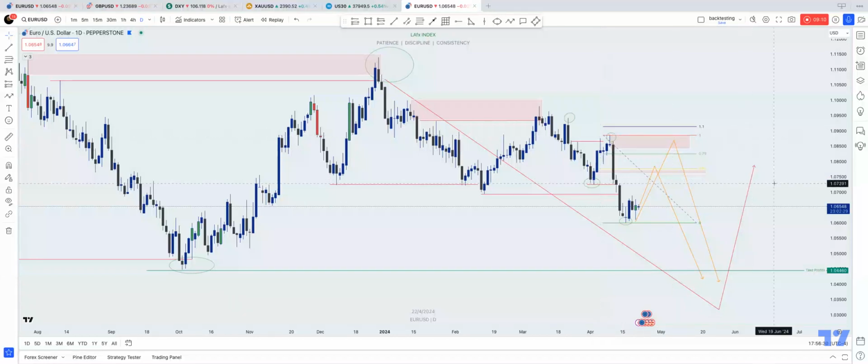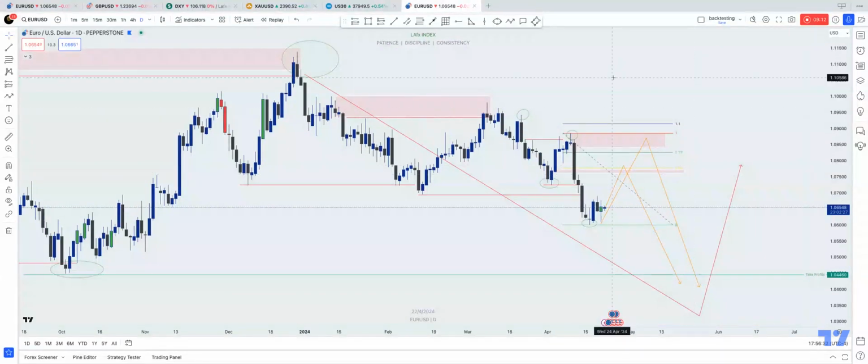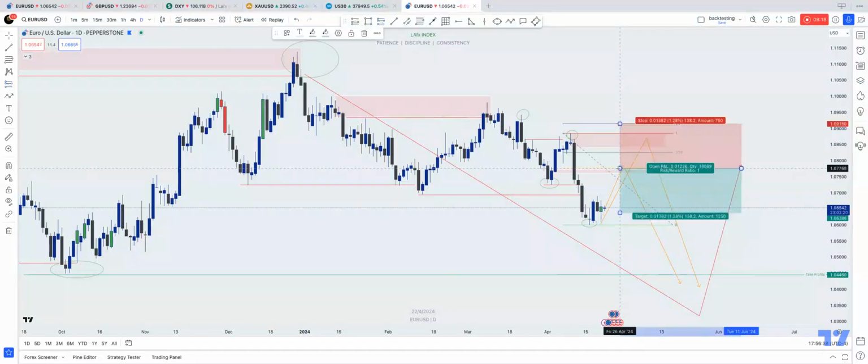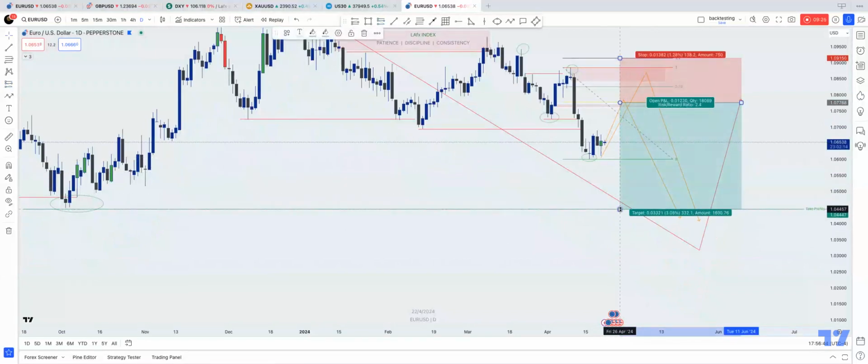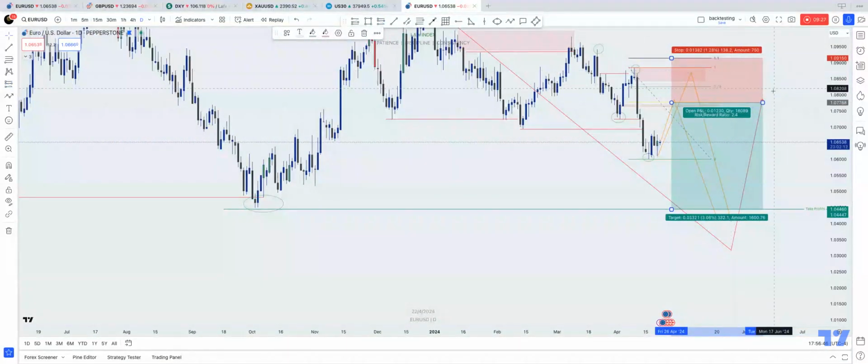1.08906, right? So on a high time frame, someone could just place their entry here, target here for a lovely 2.4. So you put 50K, you have 100K plus, right?